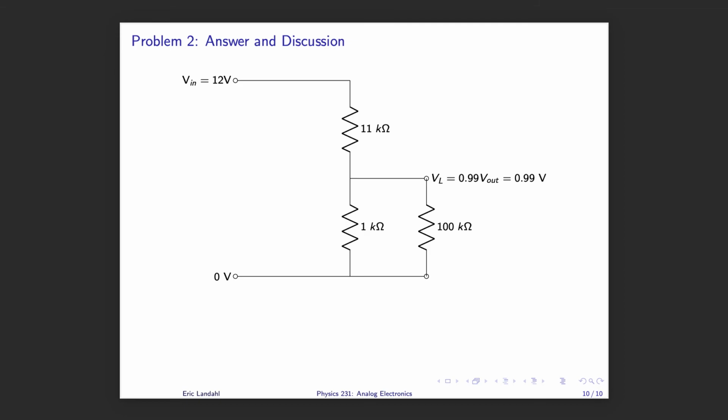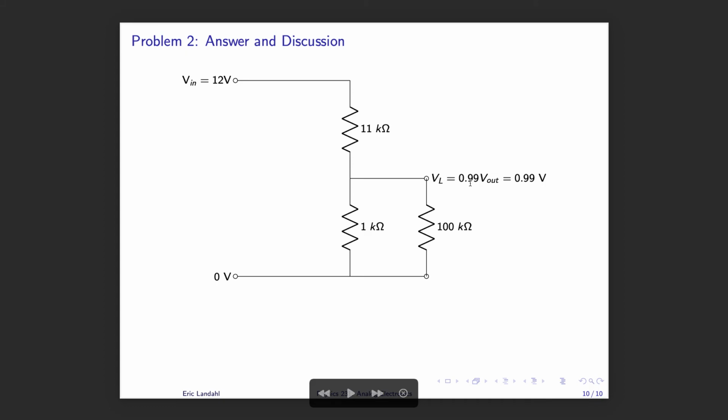All right, what does this mean? So here's what our answer looks like. Same configuration of resistors, but having added this 100 kilo ohm load, although most of the current continues to take the path of least resistance through the 1 kilo ohm resistor, a small fraction of it goes through the load, resulting in a different voltage drop.